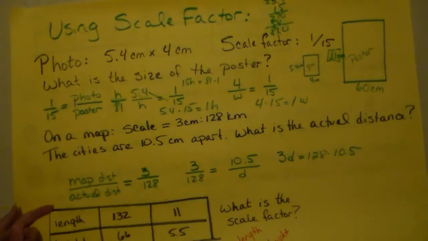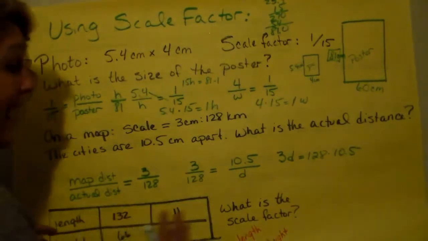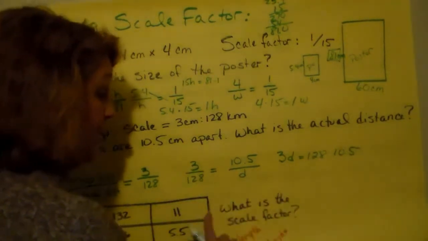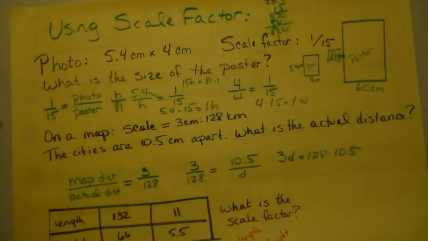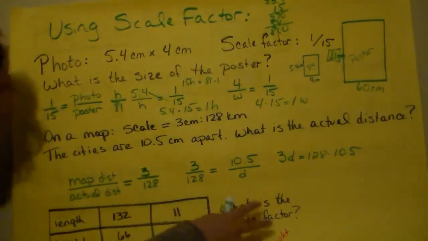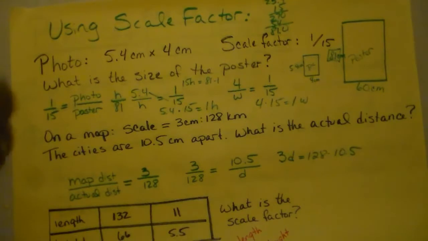The next thing I want you to see is what happens if they ask you what the scale factor is. They have to give you the length and the height of both things in order to ask you to do that.